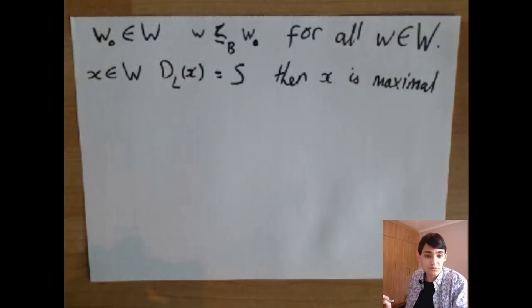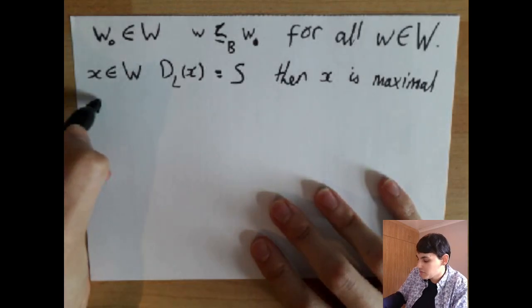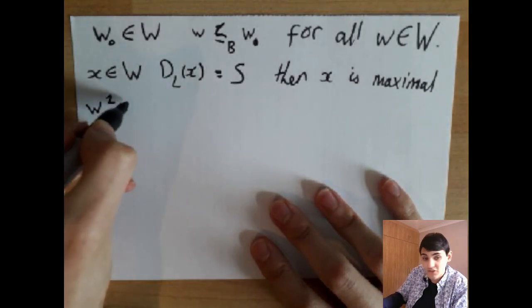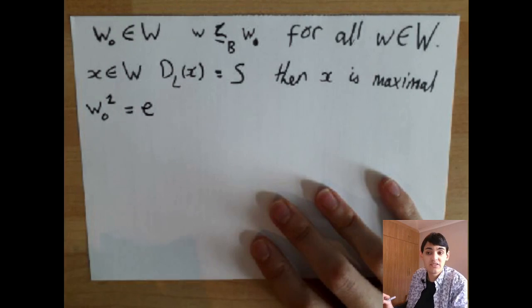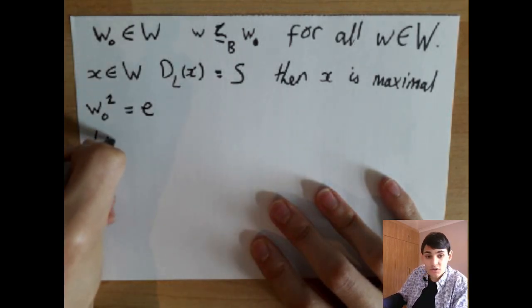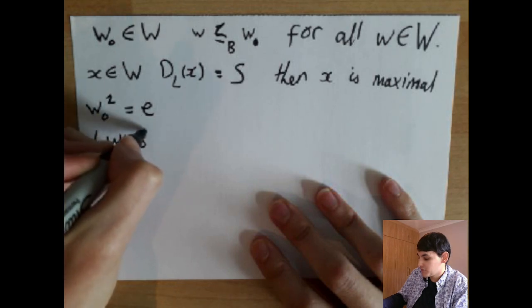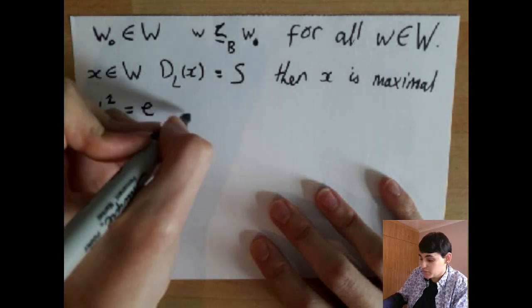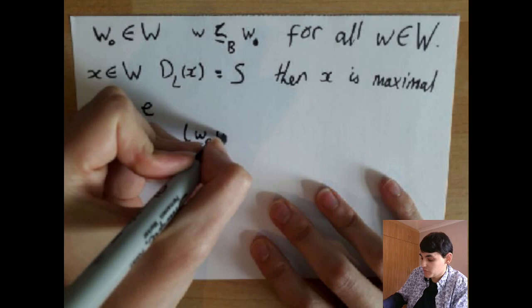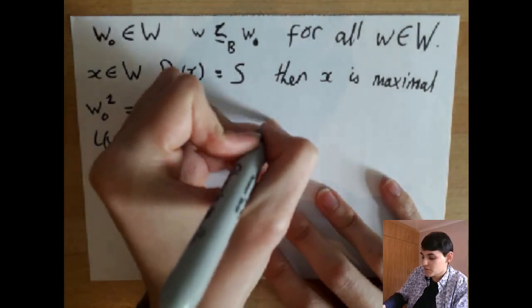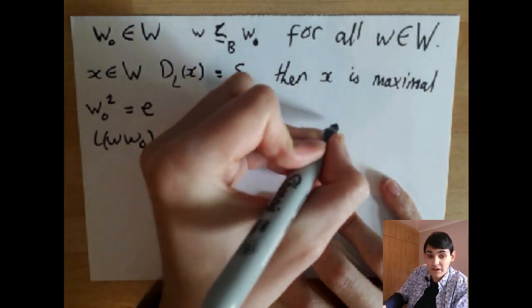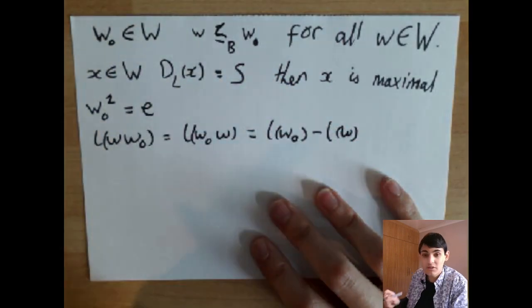We've also got a few properties. First, W0 squared is the identity. The length of w W0 is equal to the length of W0 w, and this is equal to the length of W0 minus the length of w.